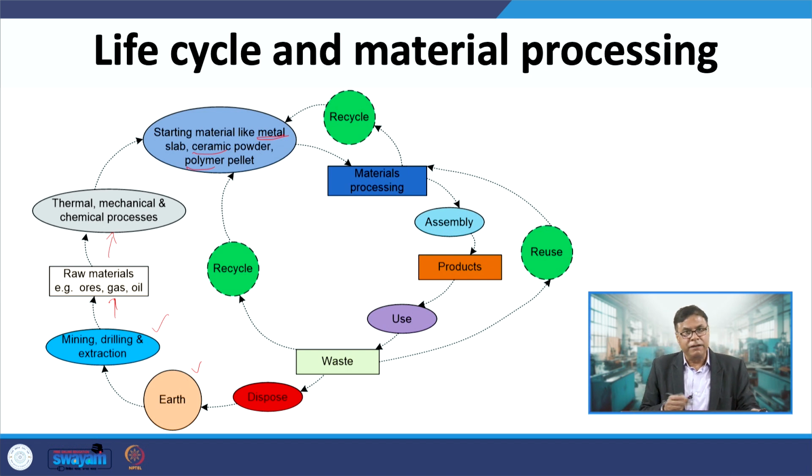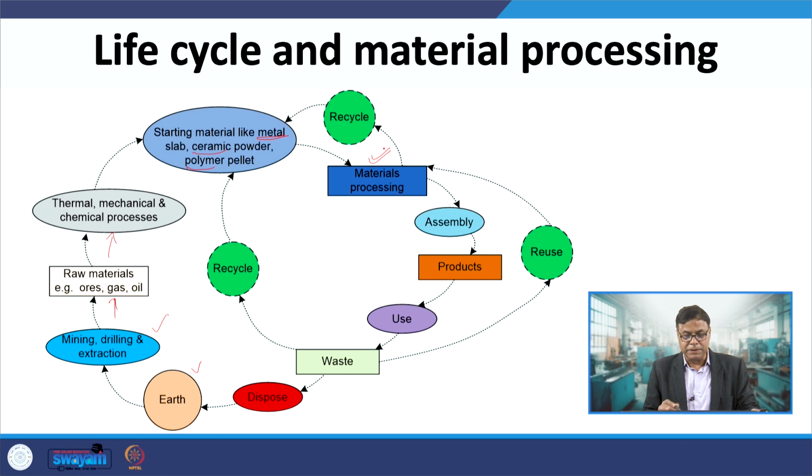So the metal is in the form of slabs, the ceramic materials in the form of powders, and the polymers in the form of pellets. These starting materials are then processed through material processing.